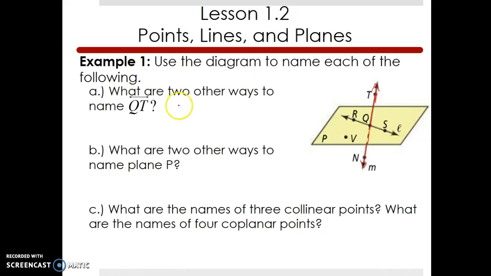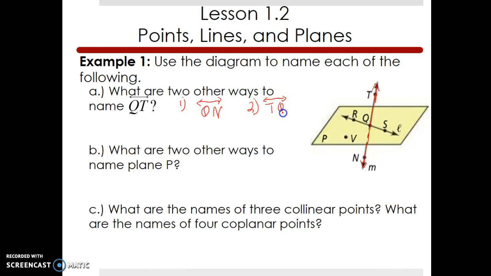So one way, again, for a line, you need 2 points. So you use QT, you could have said Q and N. So line QN is another way. You could have also said line TQ.